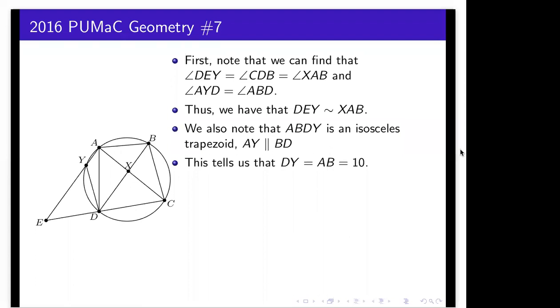Remember that our goal is to eventually find the area of DEY, right?